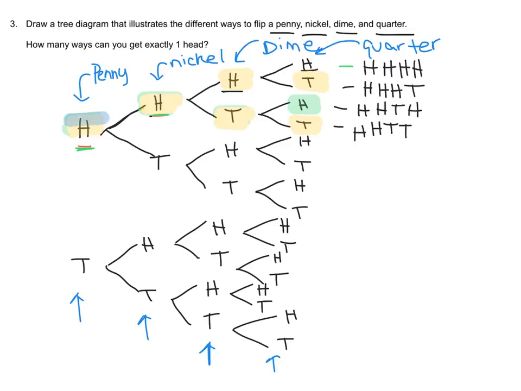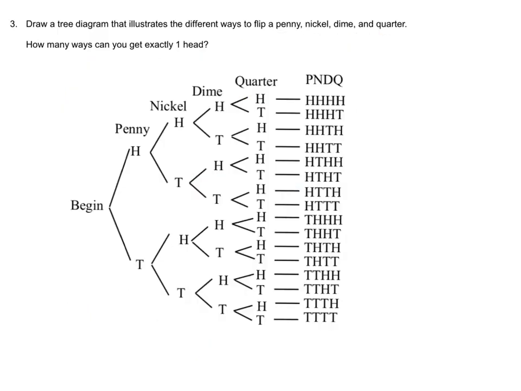And we can continue this by doing an H and now a T, since I already listed all my outcomes for doing an H on the nickel. So it'd be HT and then HH. So I'd have an outcome of HTHH, and then I would do HTHT, and then you would move on to HTTH and continue that pattern until you list all of the outcomes. When we continue that process, we'll have all of these outcomes that are represented here.